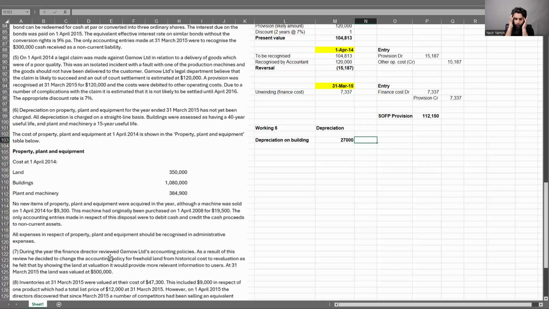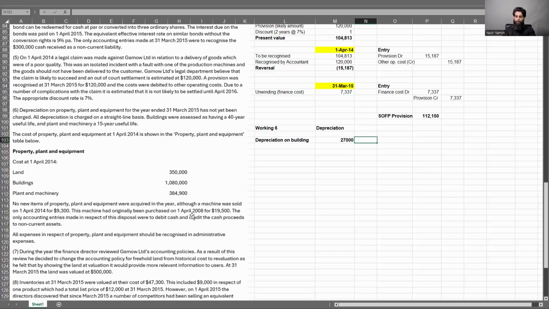It says that no new items of PP&E were acquired in the year, although a machine was sold for 9300, meaning the selling price is 9300. The machine had originally been purchased for 19,500 on 1st April 2008.